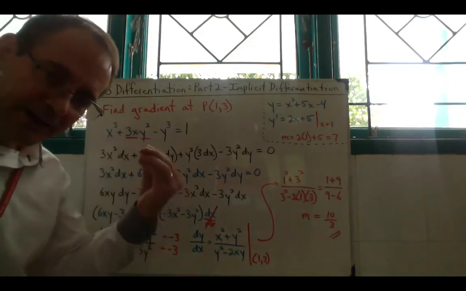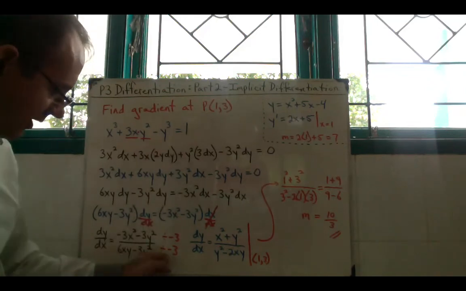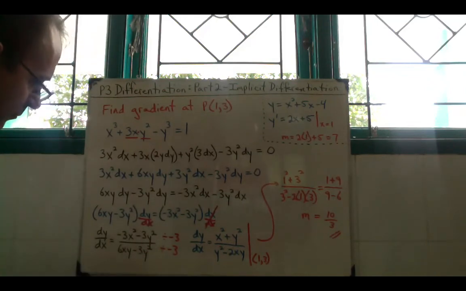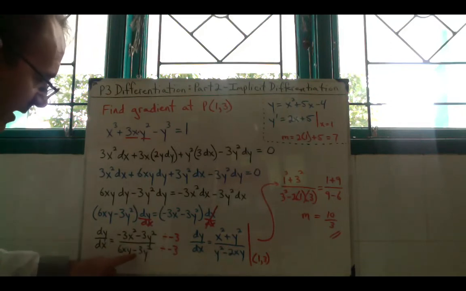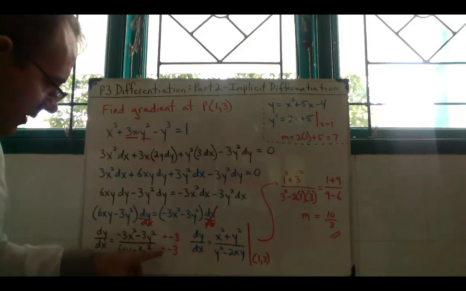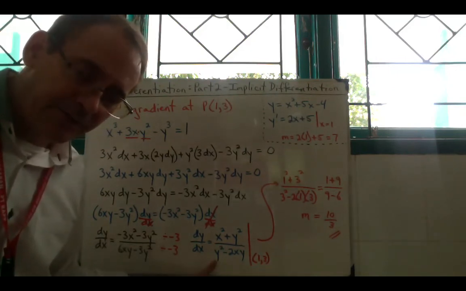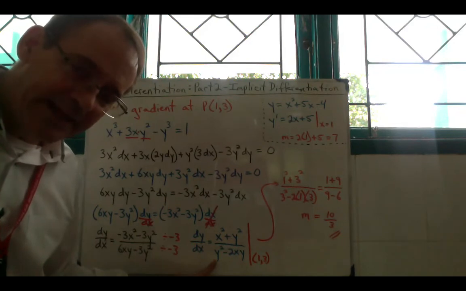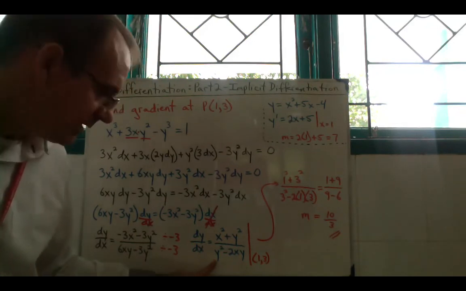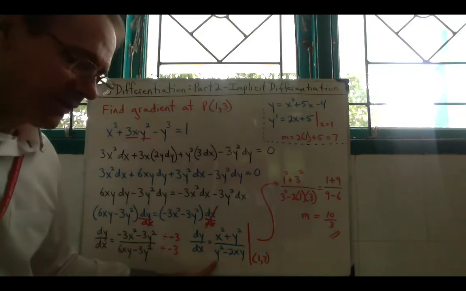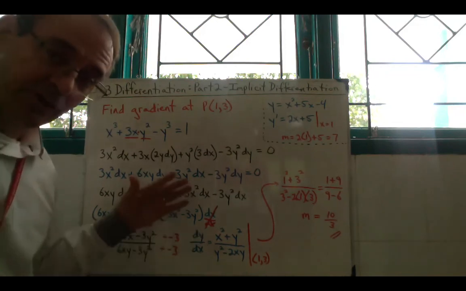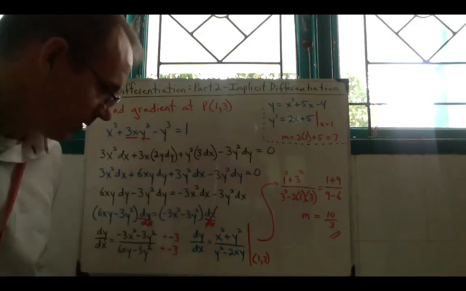So think through it carefully. 6 divided by -3, that went in the back. We put this one first since it would be positive. -3y squared divided by -3 is positive y squared. That's why I put it in the front. I don't usually like negatives to lead off in a fraction. It gets a little confusing whether the negative goes to the whole fraction or just the top or bottom.